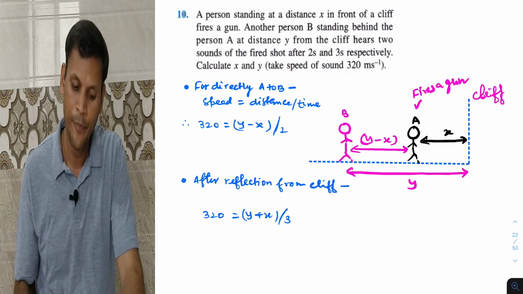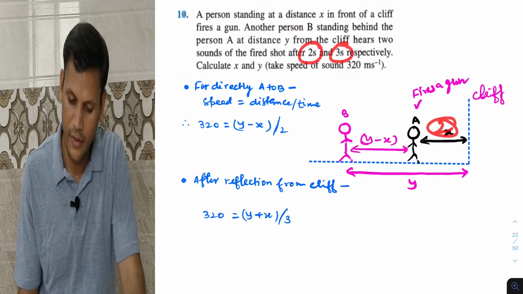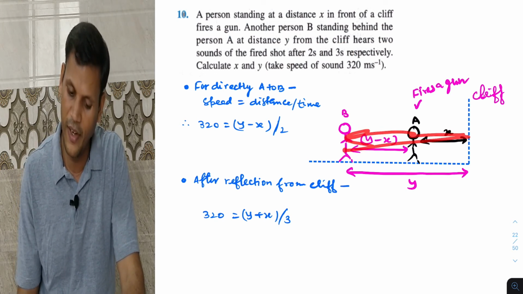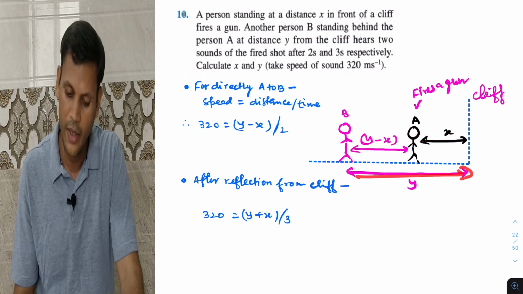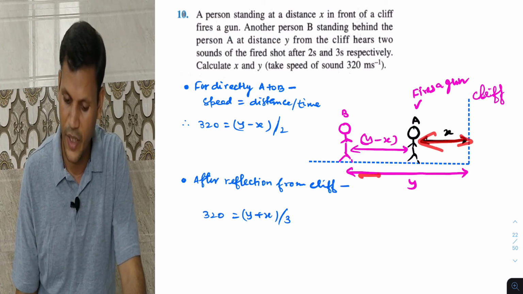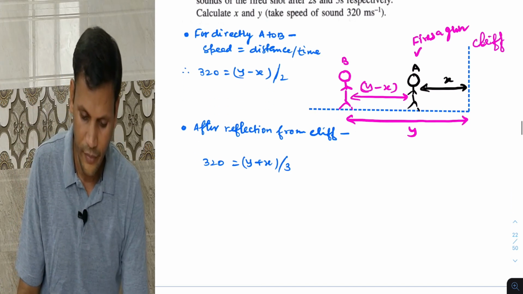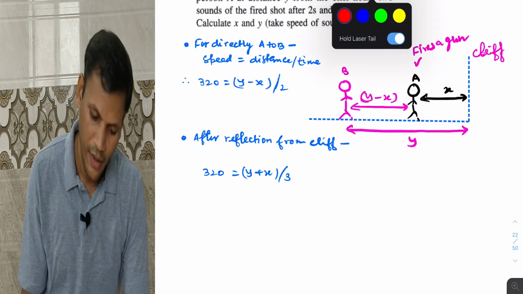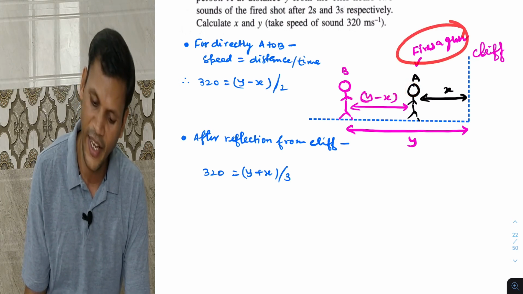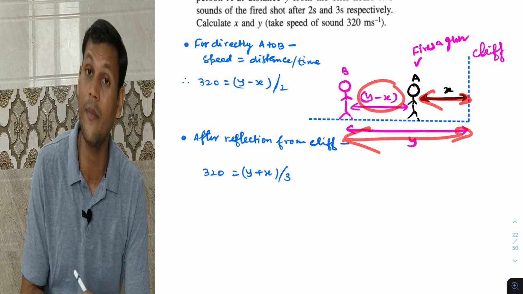We have to find x and y because the times are given: after 2 seconds and after 3 seconds. The one that comes directly arrives after 2 seconds and the reflected one arrives after 3 seconds. We have to find the distance from the cliff, the distance of person A and person B. I think the question is easy. For directly A to B, when the direct sound is heard, as he fires a gun, the sound travels directly. As this distance is x and the whole distance is y, this distance becomes y minus x.